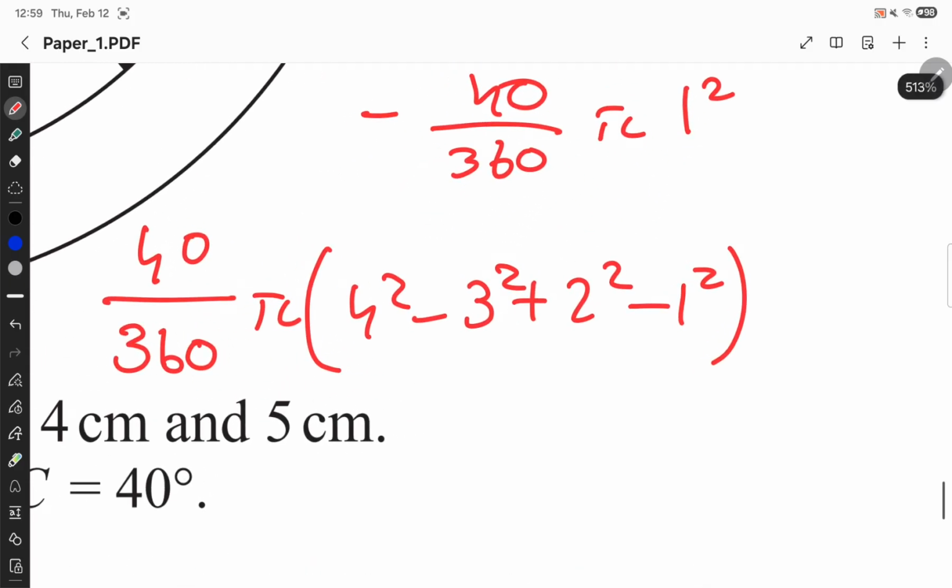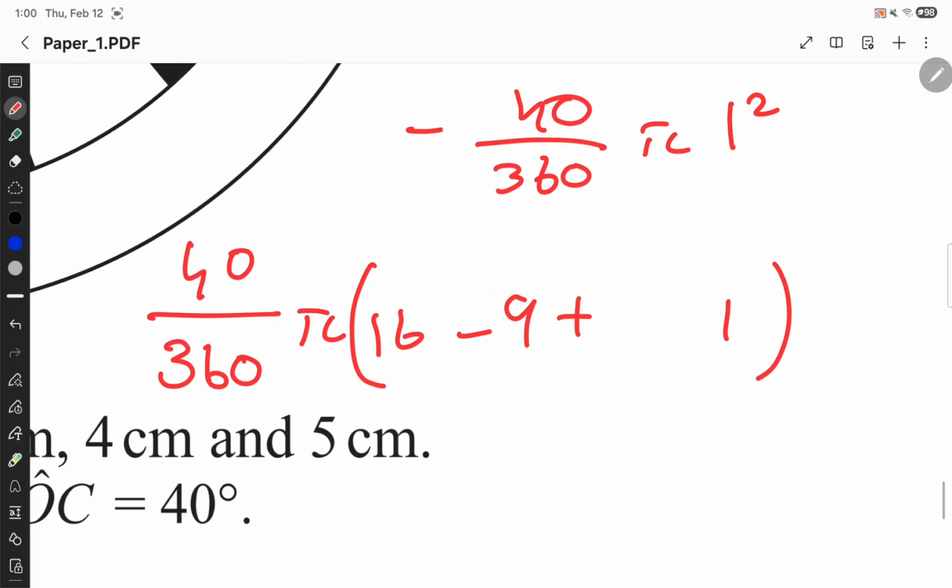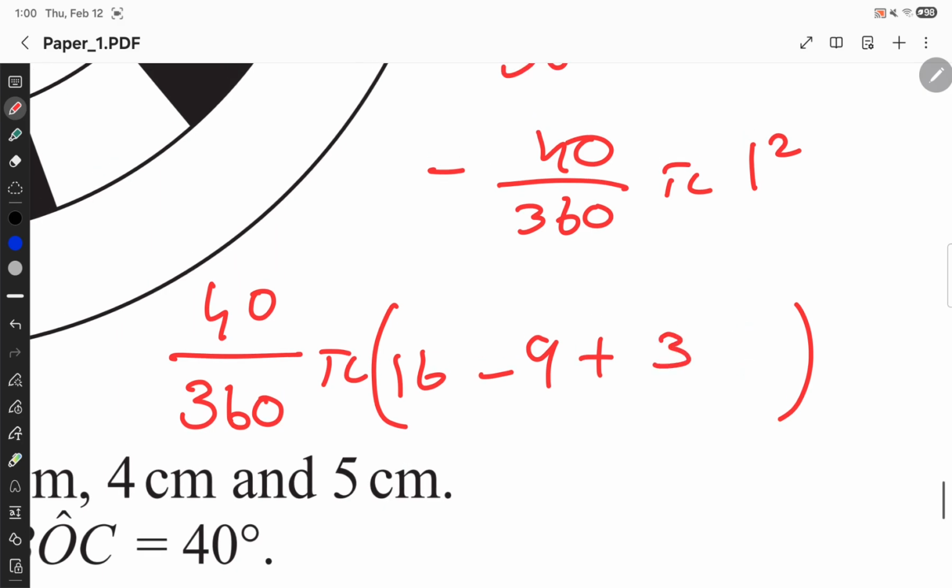Let's simplify inside. 1 squared is 1, 2 squared is 4, 3 squared is 9, 4 squared is 16. 4 minus 1 is 3, 3 plus negative 9 is negative 6, 16 minus 6 is 10.